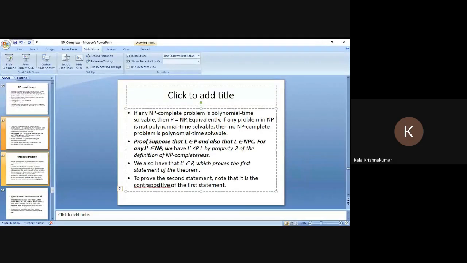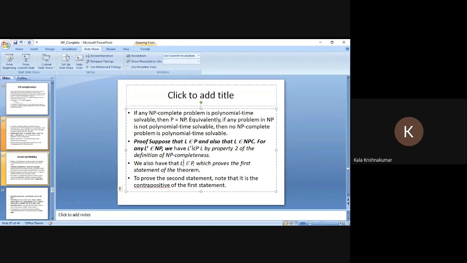If L dash is element of NP, then what happens? We can reduce that to L in polynomial time. Then we also have that L dash element of P.